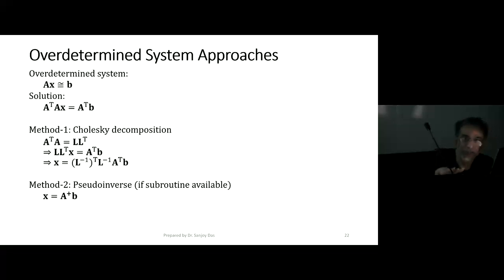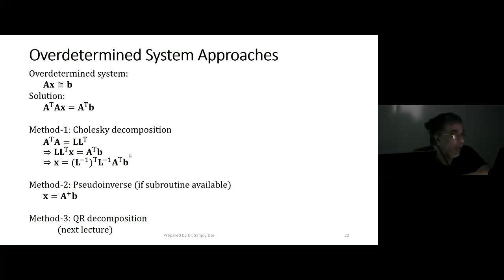We haven't done SVD, or singular value decomposition, yet, but we'll look at it later on. So inbuilt pseudo-inversion subroutines don't use Cholesky decomposition. They actually use SVD. And another method is QR decomposition, which we shall address in the next lecture.